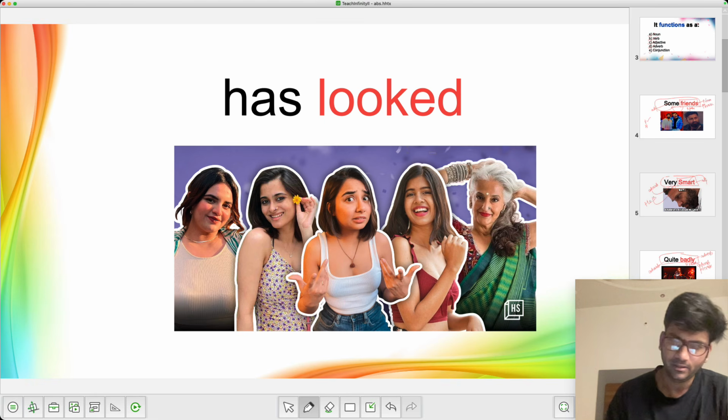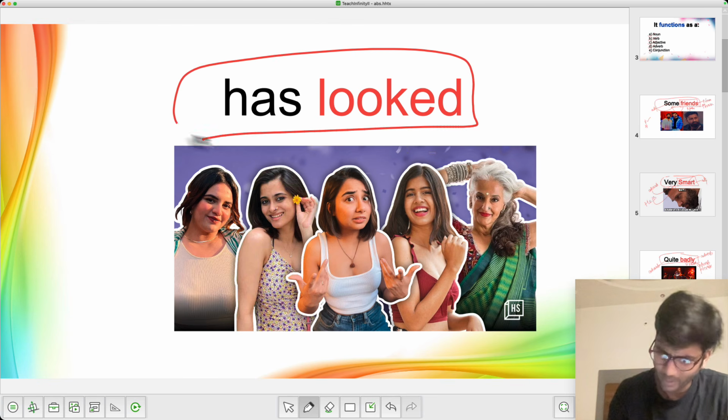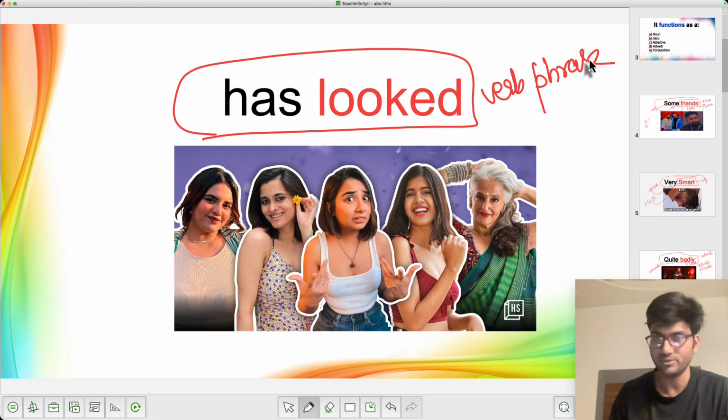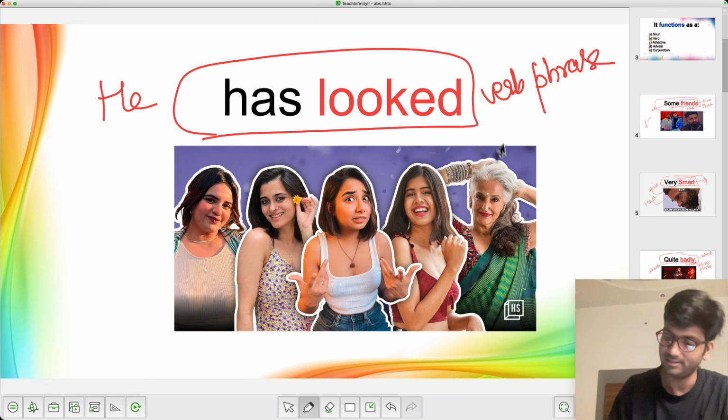Okay, let's take another example. Has looked. Is this a phrase? Yes, it is. Why? Two reasons, both being complete here. Now, this is a verb phrase. It's going to be used in place of a verb in a sentence. For example, he has looked really well recently.